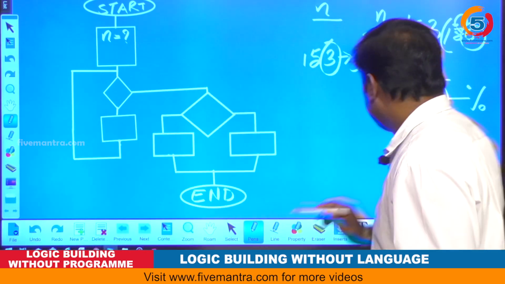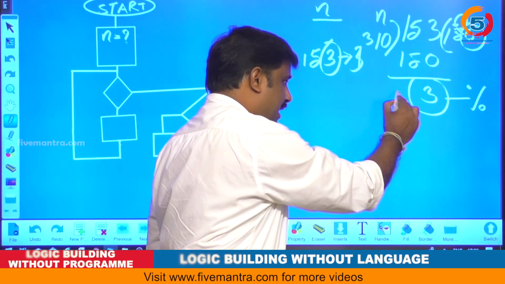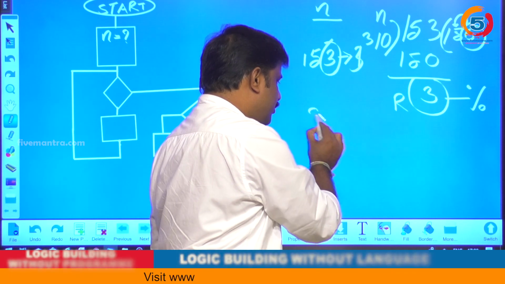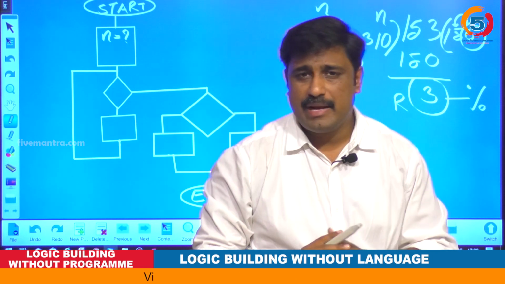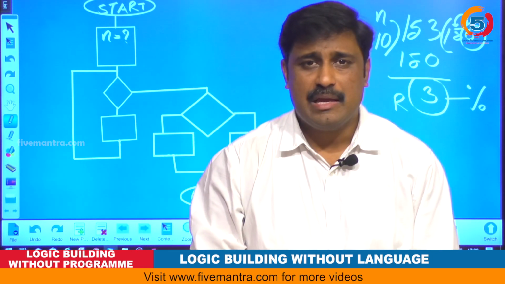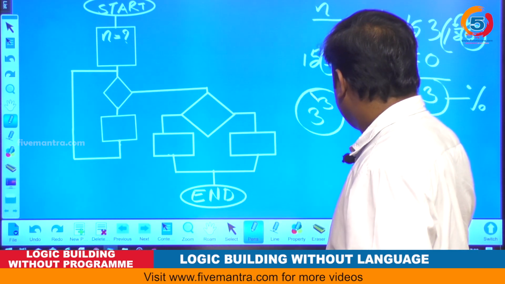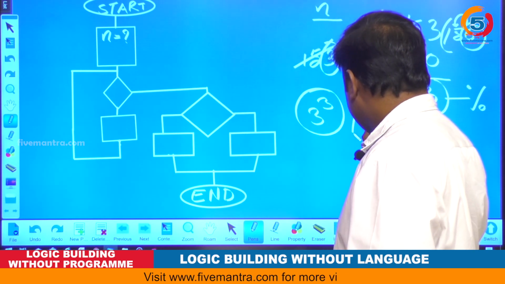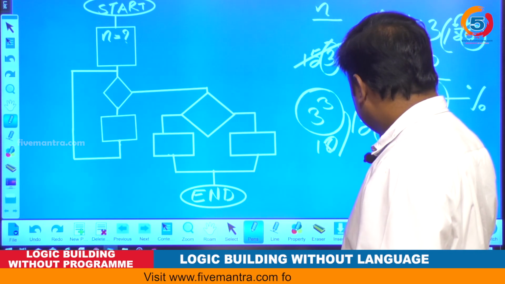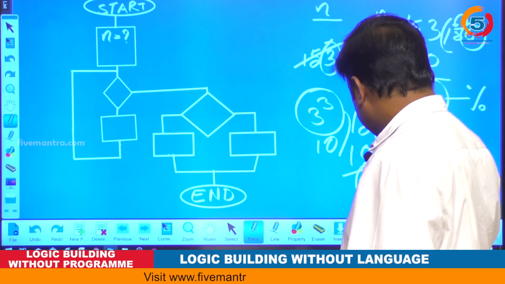Once you get the remainder, you know that you can get the cube, and we already have the quotient. Once again we take the quotient and copy it into n. Instead of 153, we go with 15. Once again we do 15 mod 10, that is 5 as the remainder, 1 as the quotient.